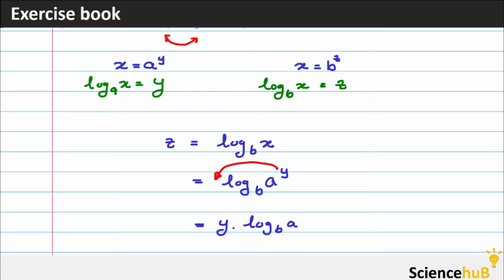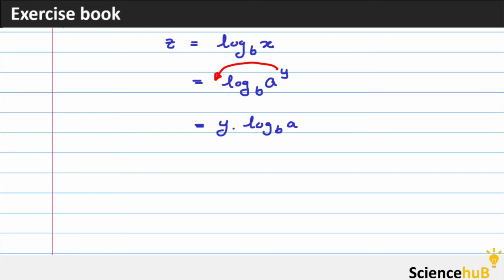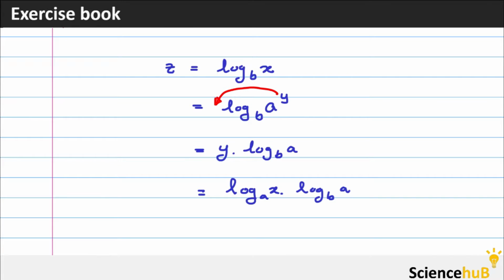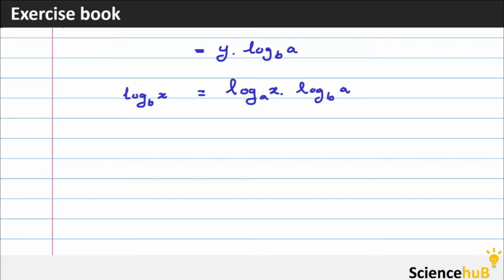Now what is this y? y is log_a x. So log_a x into log_b a. What is z? z is log_b x, right? Now we are almost done with the proof.